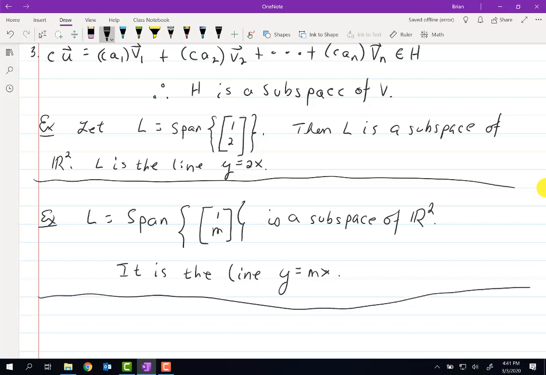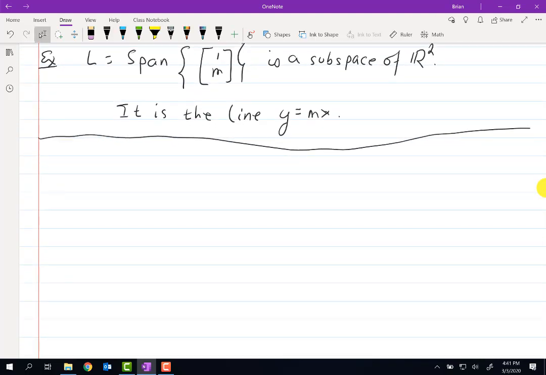Let me do some more examples to illustrate that extremely useful theorem. Let H equal the set of AT squared such that A is in the set of real numbers.